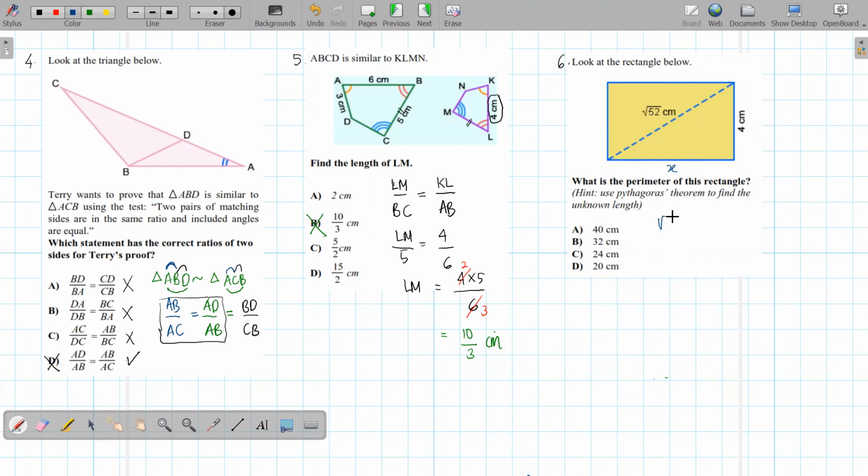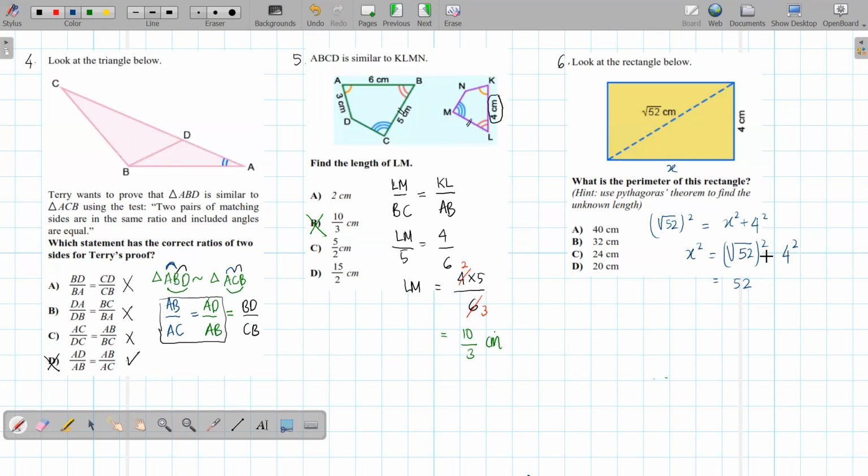The square of the hypotenuse equals the sum of the squares of the other sides, and therefore x squared is 52 plus 4 squared. Sorry, it should be minus.